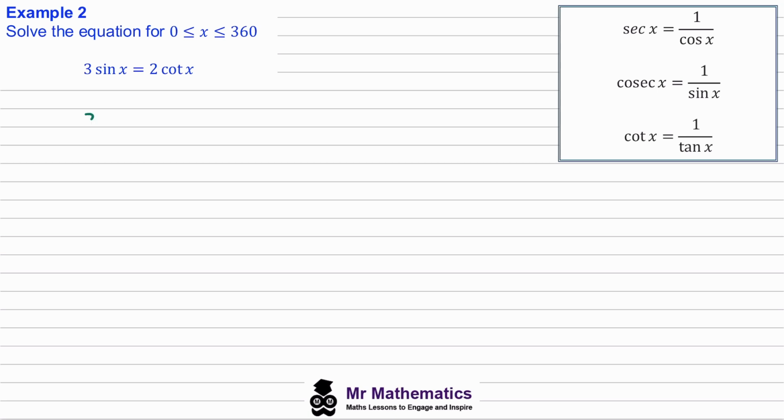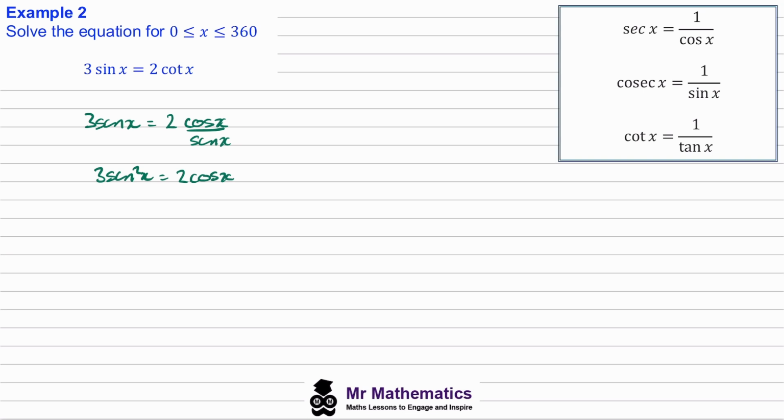Okay, so we've got 3 sin x will equal 2 cot x. And the cot x is 1 over tan x. So we can write this as cos over sine. And then we can move this sin x to the left-hand side. So we've got 3 sine squared x will equal 2 cos x.